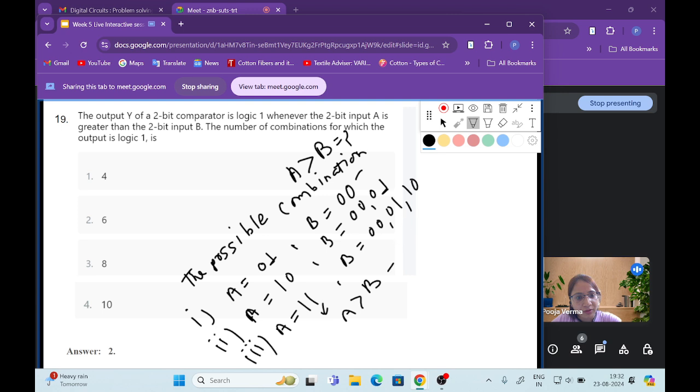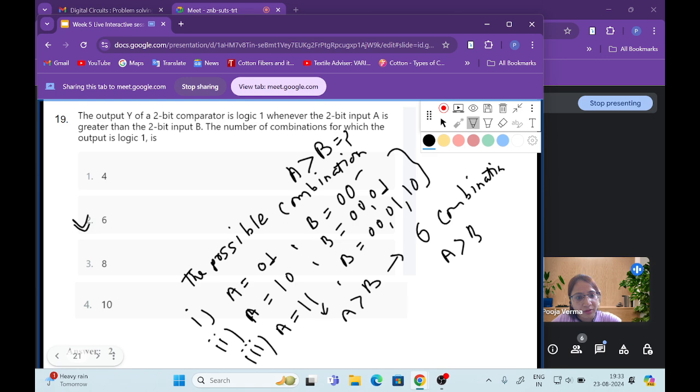So total 6 combinations are where output is logic 1 when A is greater than B. Total number of combinations is 6. From here you can add. Okay, 3 plus 3, 6. 6 combinations where A is greater than B. So option 2 is the correct answer for this question.